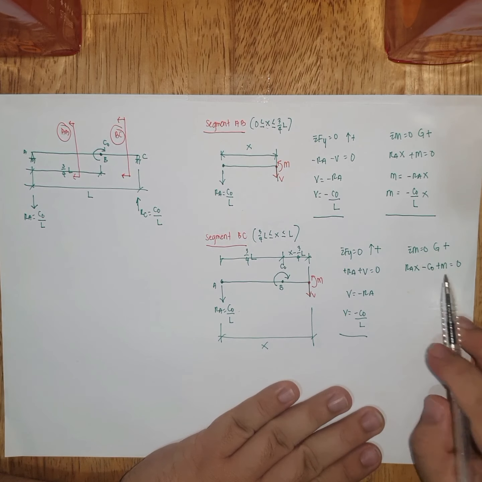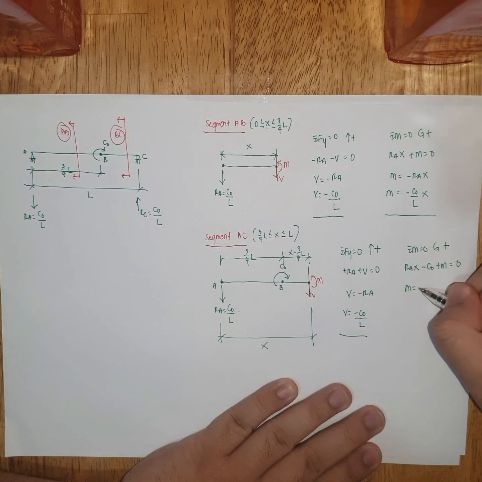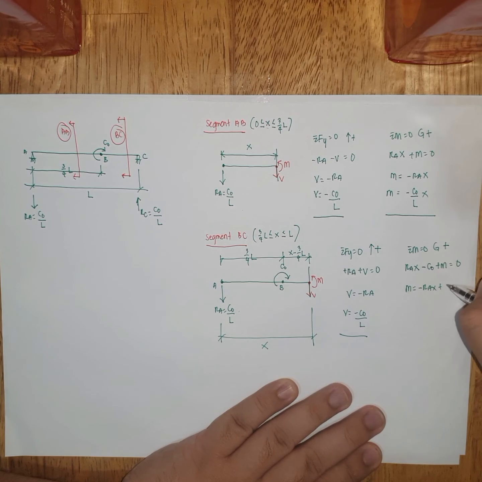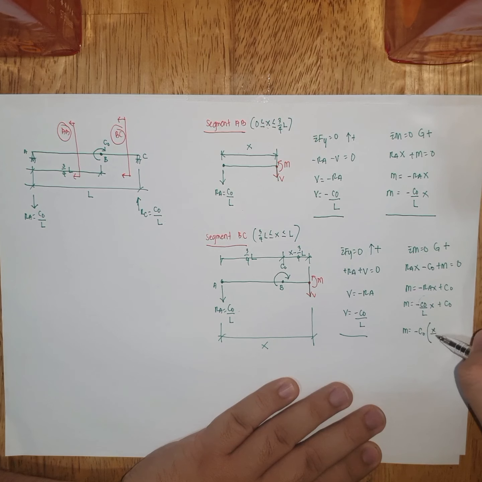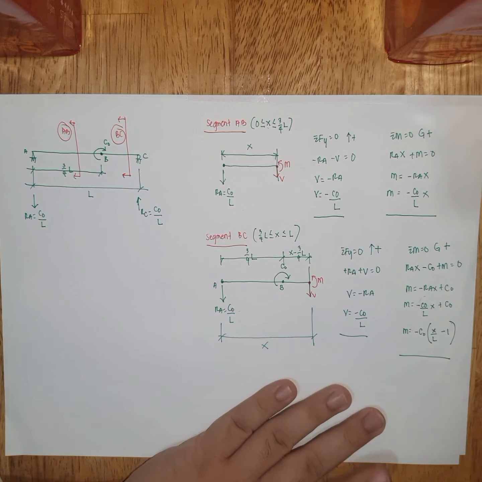Kailangan natin value ni M. So M is equals to negative RAX plus C sub O, or M is equals to negative C sub O over L X, ito yung value ng RA, plus C sub O. So, pwede nating i-factor out yung C sub O. So, M is equals to negative C sub O, okay, times X over L minus 1. Okay, so ito yung value ni M.